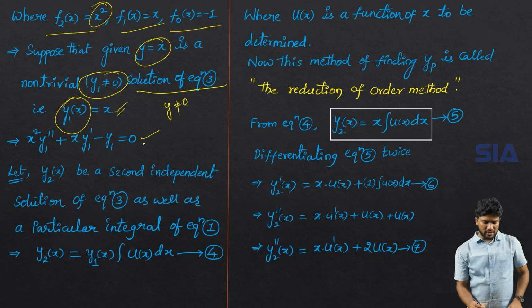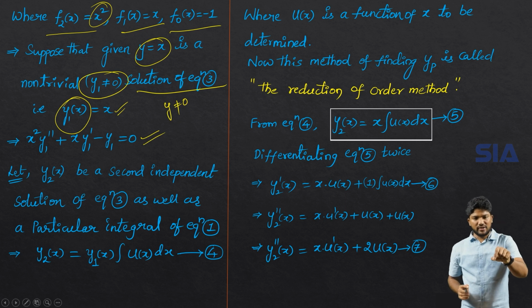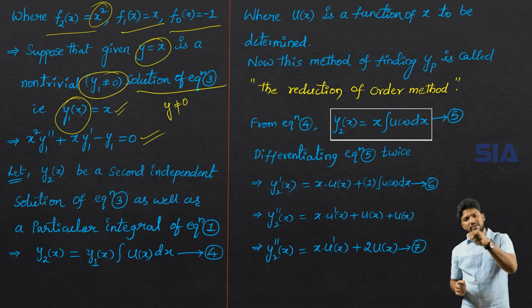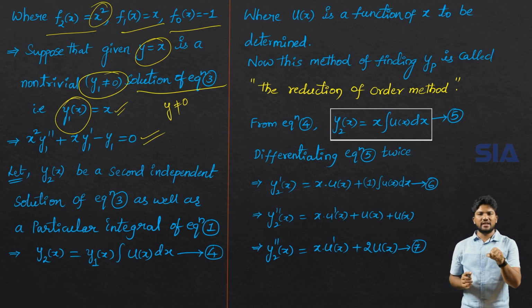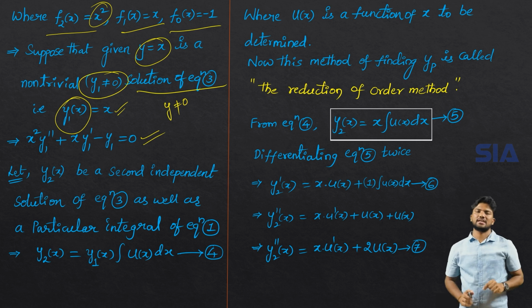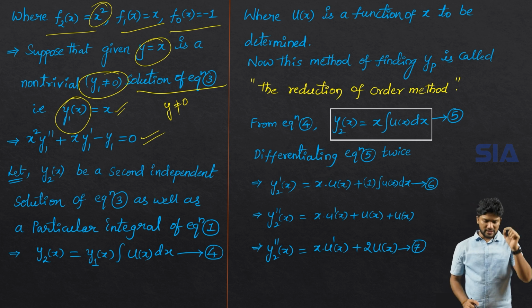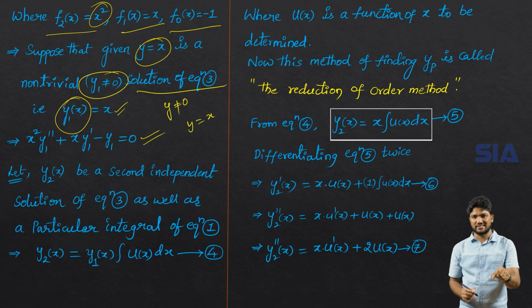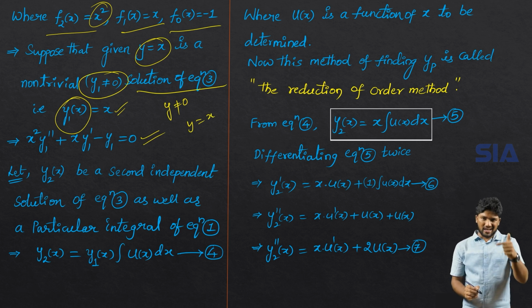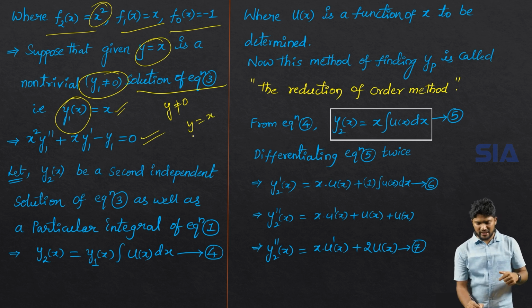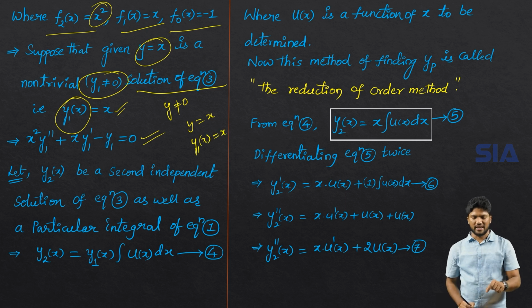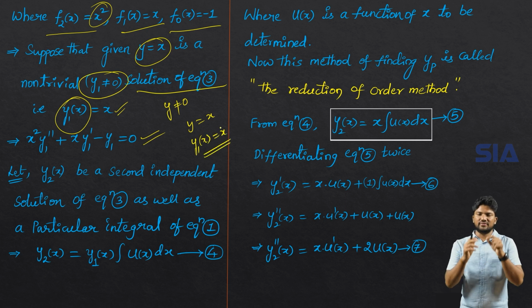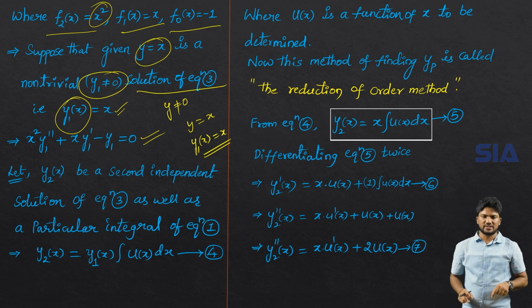Therefore, if y1 of x is a solution of equation number 3, then definitely it has to satisfy equation number 3. From the given problem, we have y is equal to x as a solution of equation number 3. So according to our procedure, we are taking y1 of x is equal to small x. If it is a solution, definitely it has to satisfy equation number 3.